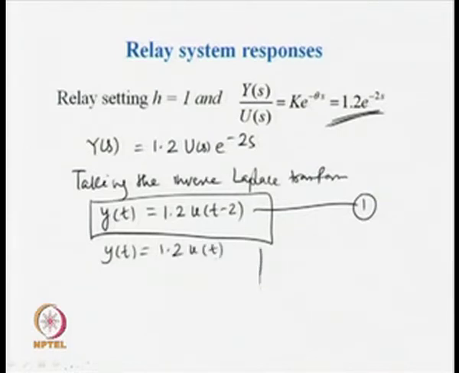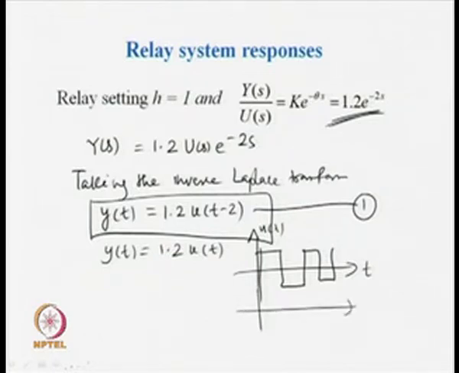In that case, suppose the input is given as some rectangular pulses like this, then what sort of output will we have? Simply it will be 1.2 times the corresponding input signal. So, it will be magnified a bit only, but we will get the same type of output signal.